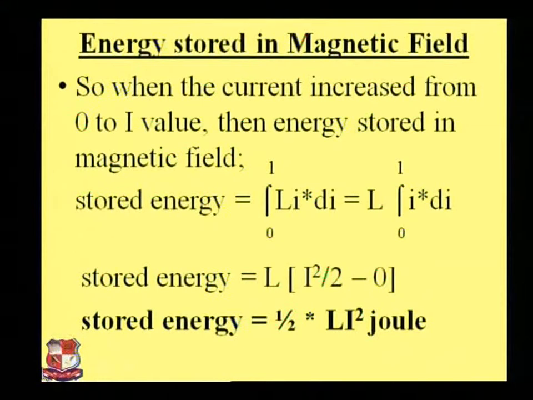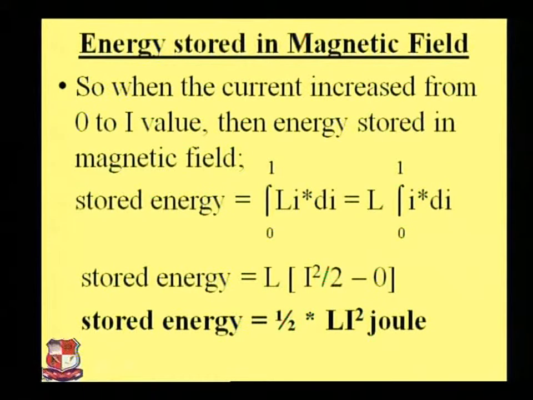So stored energy equals L times the integration from 0 to I of I di. Solving the integration and applying the limits, L times I square by 2 minus 0. The integration of I is I square by 2. So stored energy becomes 1 by 2 L I square joule.